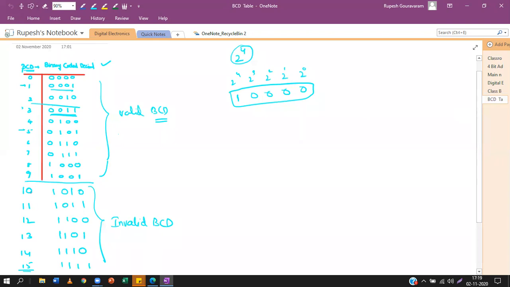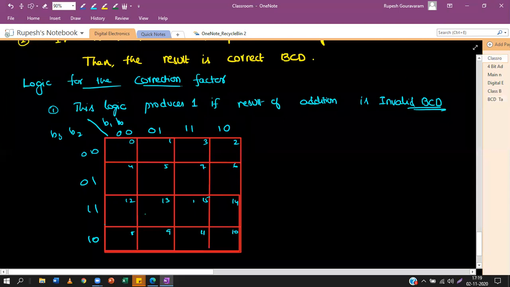Invalid BCD occurs from 10 till 15, so from 10 to 15 you keep it as 1, and all the remaining values you mark as zeros.